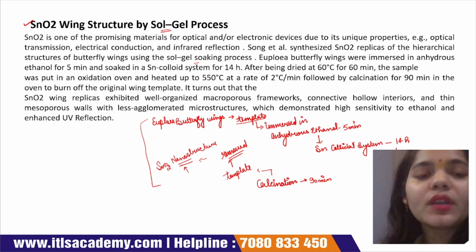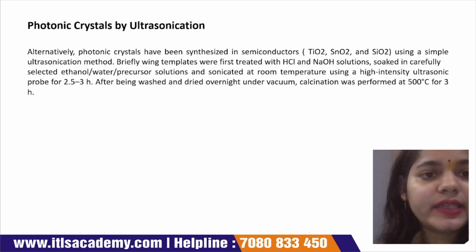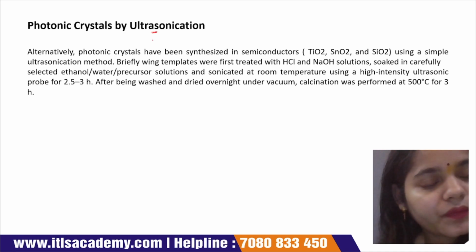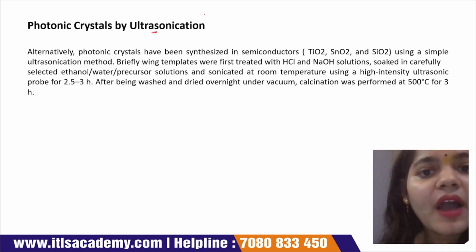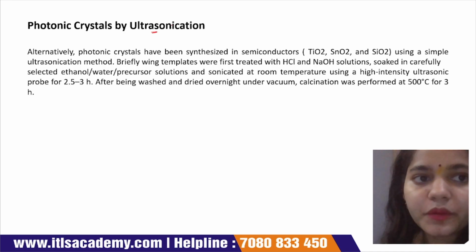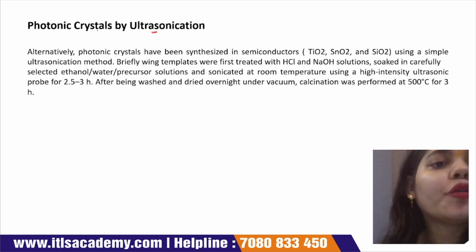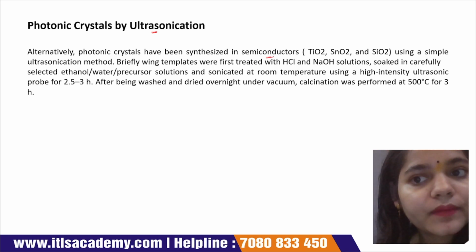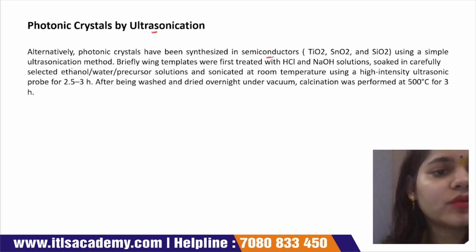Now we discuss the next technique, that is ultrasonication. By the help of the ultrasonication process we produce the photonic crystal. Alternatively, photonic crystal has been synthesized in semiconductors using the simple ultrasonication method.